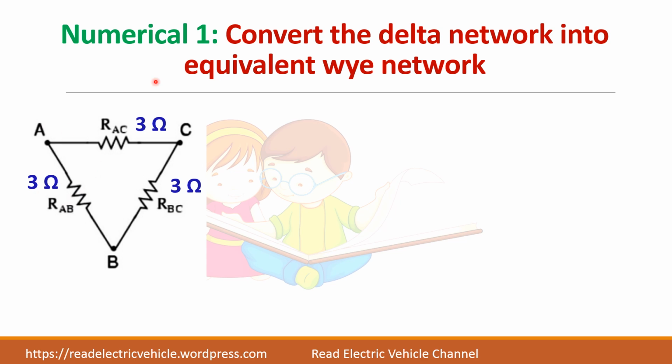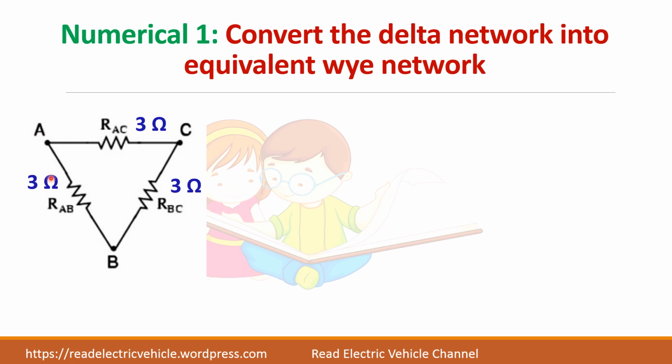So first problem, the delta network is given and you have to find what is the equivalent star network. Remember one thing, when all the values are equal, either in star network or delta network, the conversion is very easy. Find what is RA.